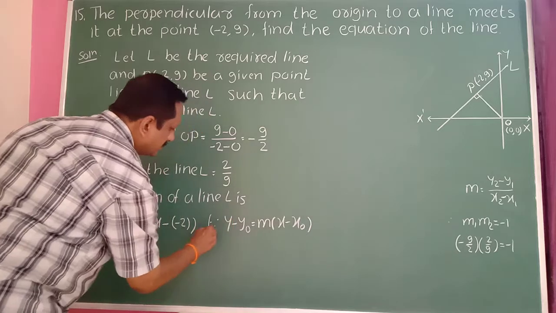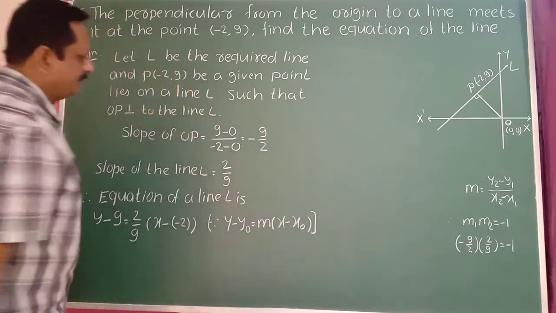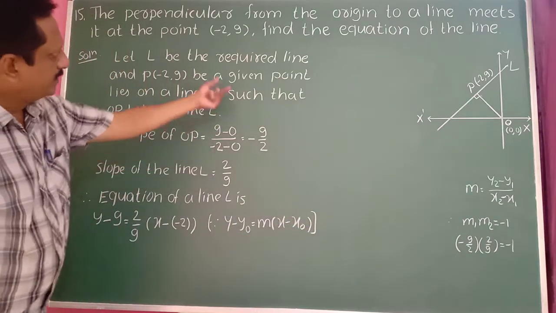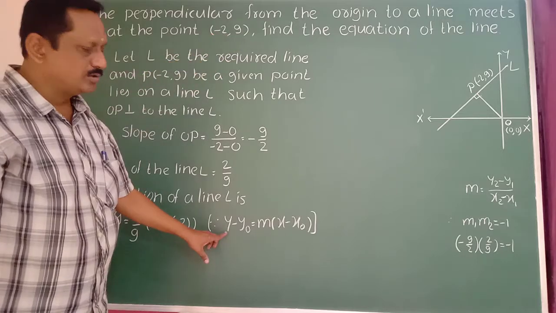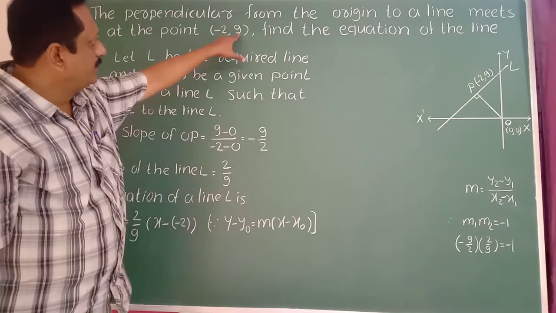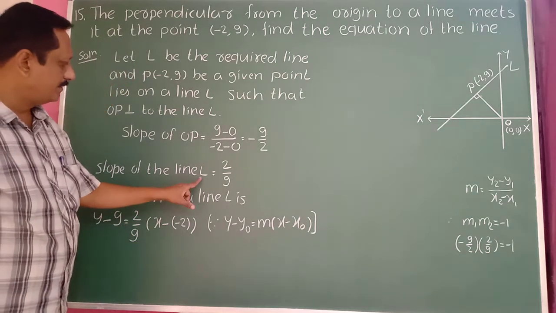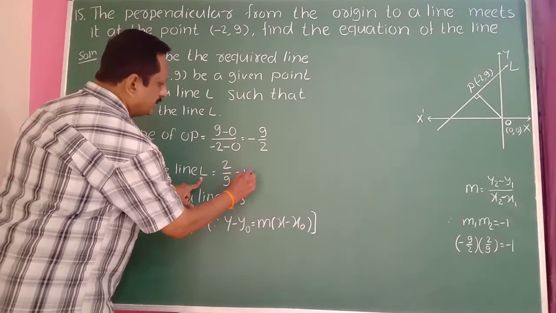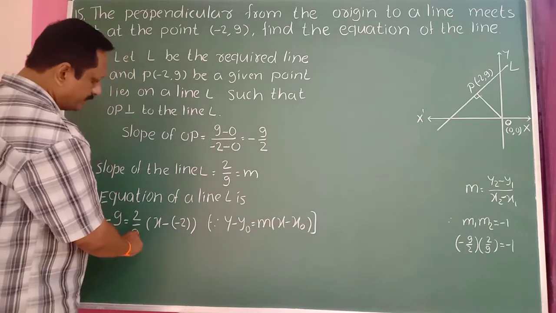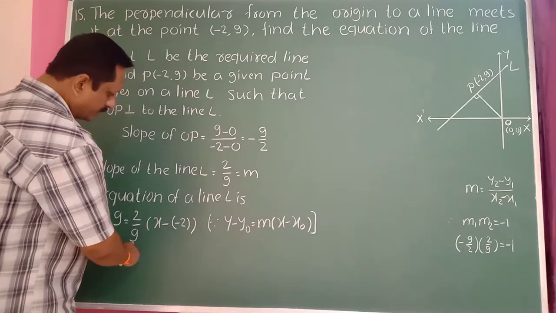This is the slope-point formula, because you know the slope and you know the point. So y0 is 9. Replace here y minus 9 is equal to 2 upon 9 instead of m.